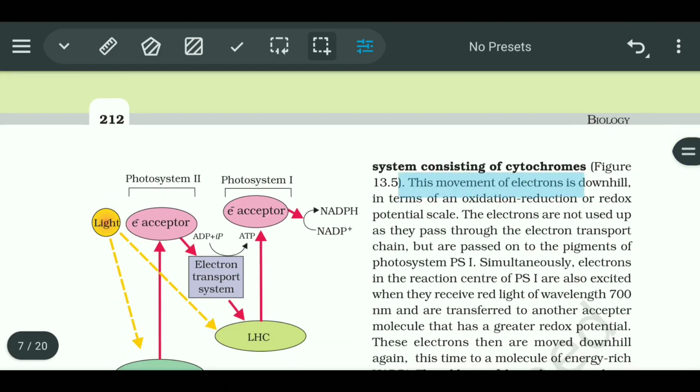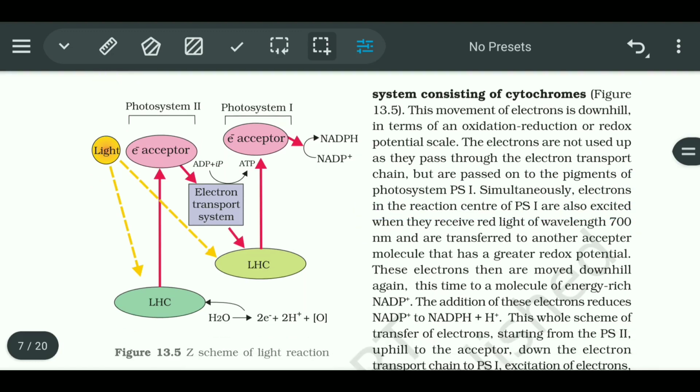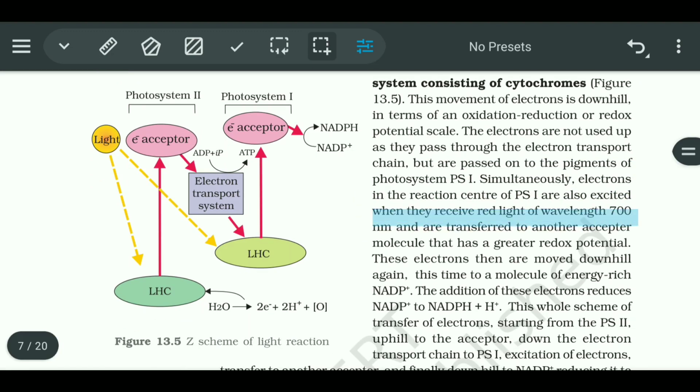This movement of electrons is downhill in terms of an oxidation-reduction or redox potential scale. The electrons are not used up as they pass through the electron transport chain, but are passed on to the pigment of Photosystem I. Simultaneously, electrons in the reaction center of PS I are also excited when they receive red light of wavelength 700 nanometers and are transferred to another acceptor molecule that has a greater redox potential.